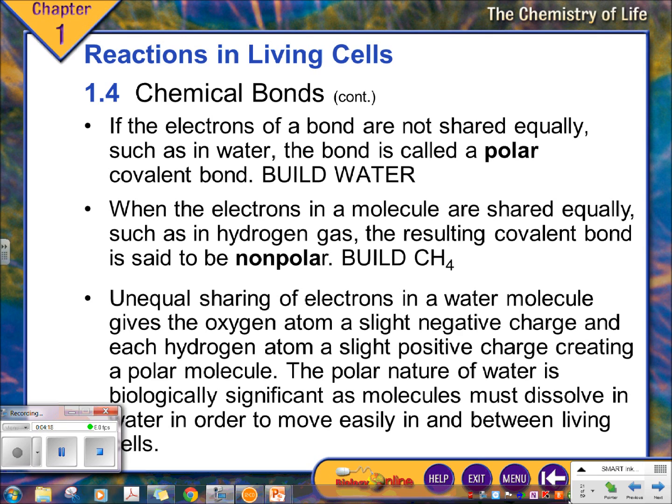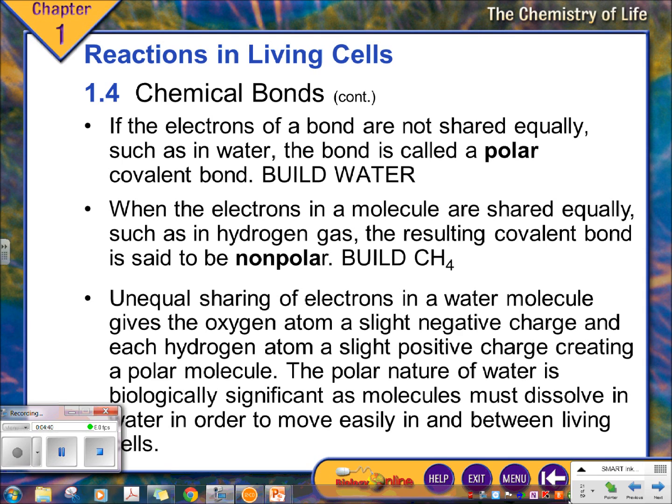Now the thing is, since this whole thing is positive, it really wants nothing to do with water. Maybe with a teeny bit of water, it can line up right. But in a bunch of water, there are going to be positive sides that it wants nothing to do with. So nonpolar and polar molecules don't mix.